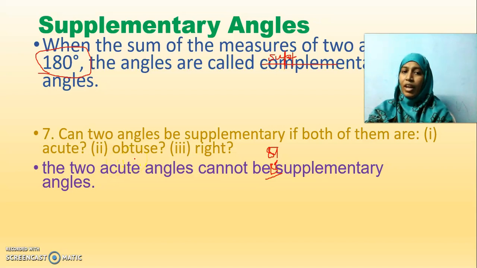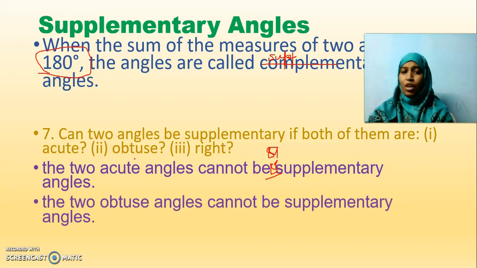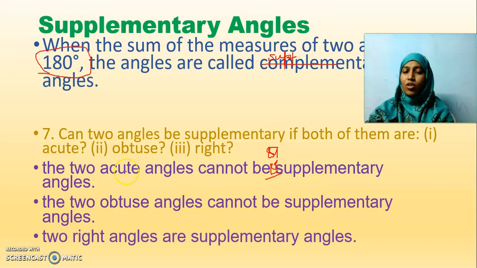Can we have it with obtuse angles? An obtuse angle is greater than 90. If I add two angles which are greater than 90, surely it will be greater than 180. So two obtuse angles cannot be supplementary angles. What about right angles? Yes, two right angles are supplementary because 90 plus 90 is 180. Is it clear, children? Okay.